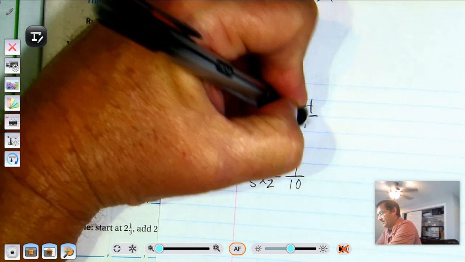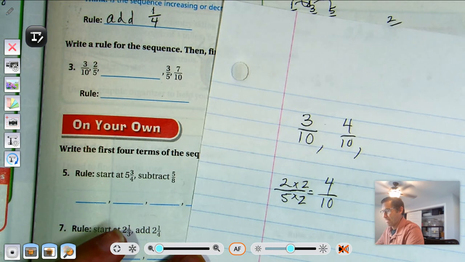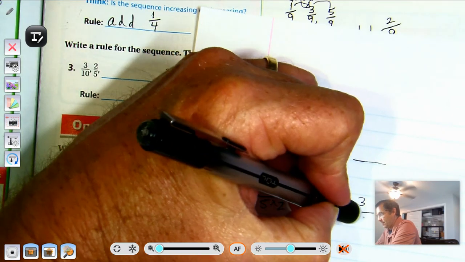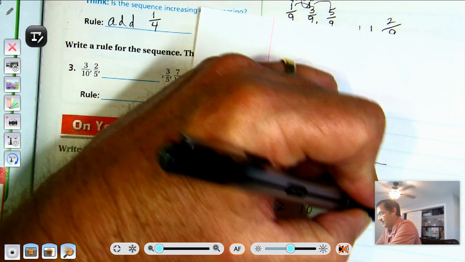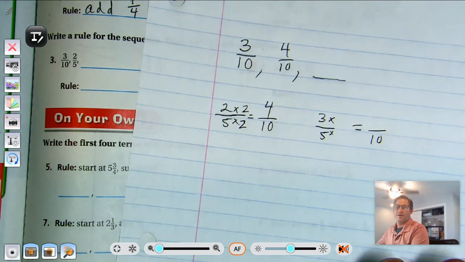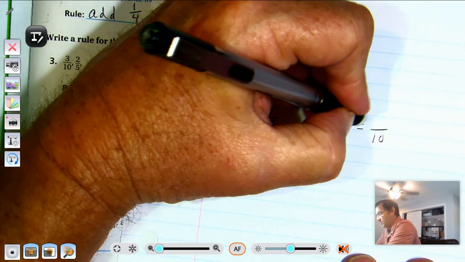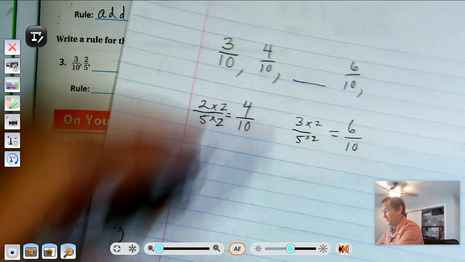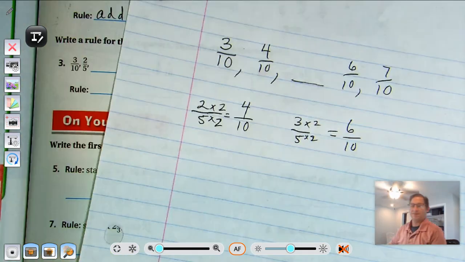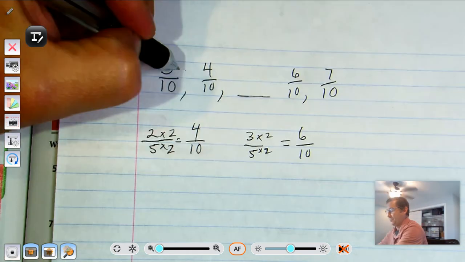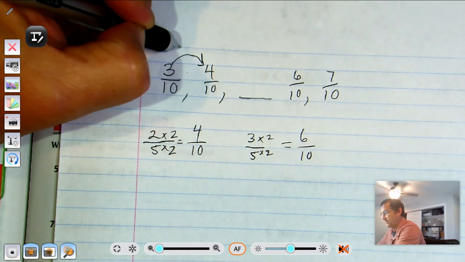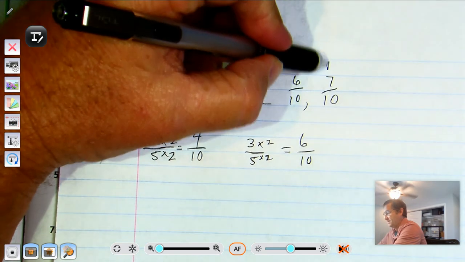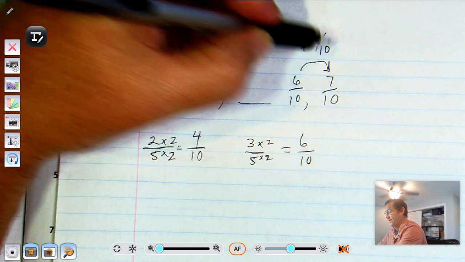So 3/10, 4/10. And then we have a gap. And then it goes to 3/5. I want to turn the fifths again into tenths. So 3/5 times 2 over 2. Now that gives me 6/10. And my last one is 7/10. So what is the pattern? Well, to go from 3/10 to 4/10, you just add 1/10, right? To go from 6/10 to 7/10, add 1/10.